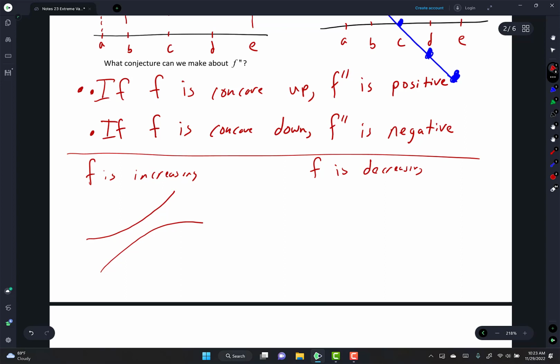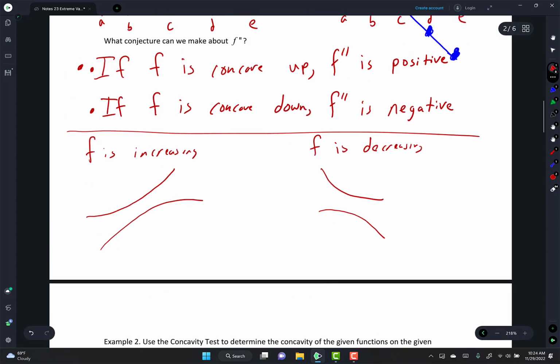You can either have f is concave up or f is concave down. Do you see how both are decreasing graphs? Those are the only 4 types of graphs you can have. If you're increasing, you can be increasing concave up or increasing concave down. If you're decreasing, you can be decreasing concave up or decreasing concave down. Are we all in the clear? All right.